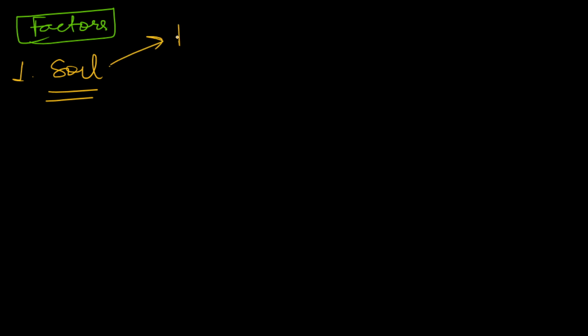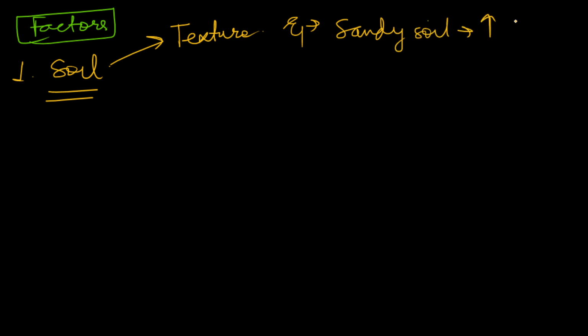Here you can mention soil texture, and you can also write some examples, that sandy soils have a high infiltration rate and are suitable for sprinkler or drip irrigation. Sandy soils have a high infiltration rate, that is, water will move down very quickly in sandy soils. That is why we will try to use sprinkler or drip irrigation here.